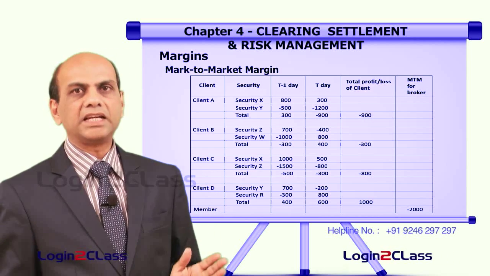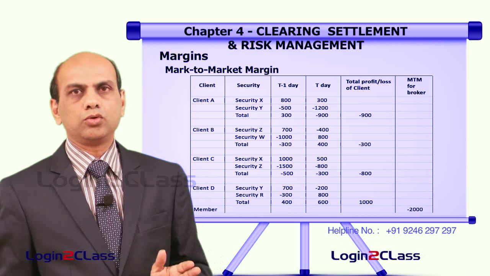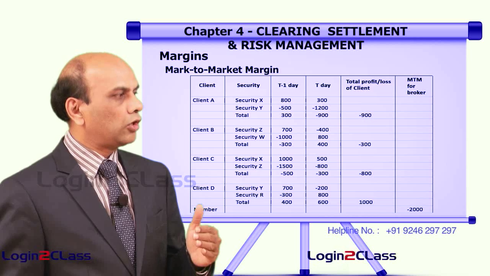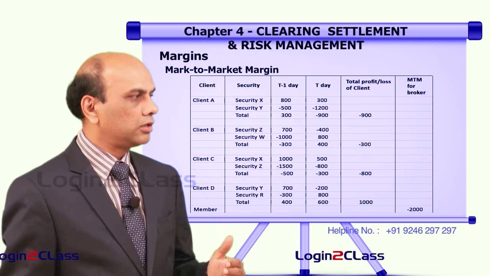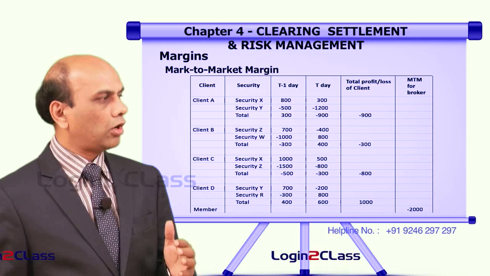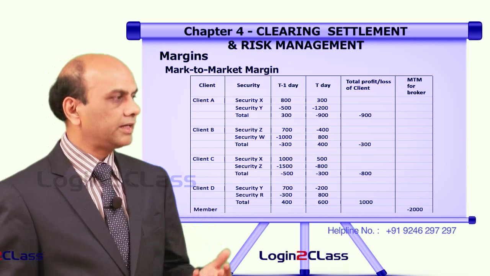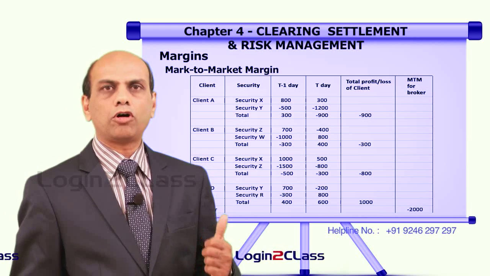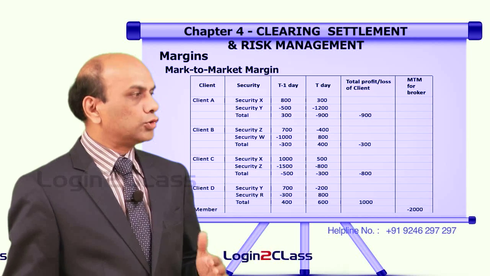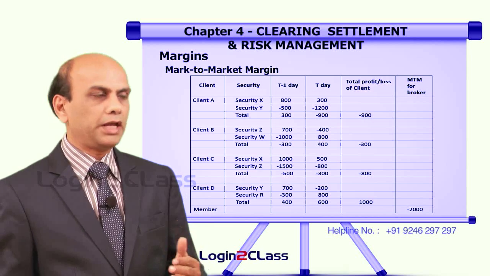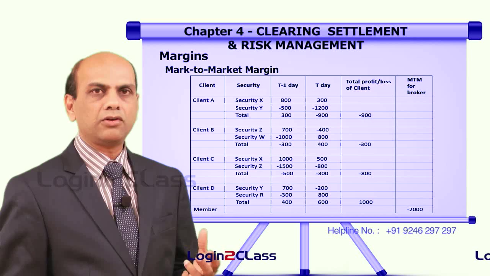Now if he carries forward the same positions to the next day, that is T day, he has gone into a loss of minus 400 on security Z and a profit of 800 rupees on security W. So there is a net profit of 400 rupees on the two positions for client B. So what is the mark to market this client B has to pay? It is minus 300.